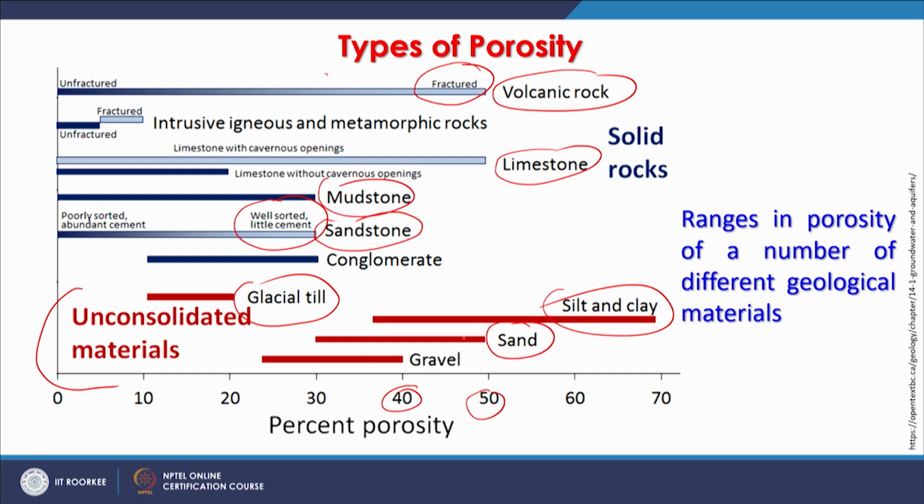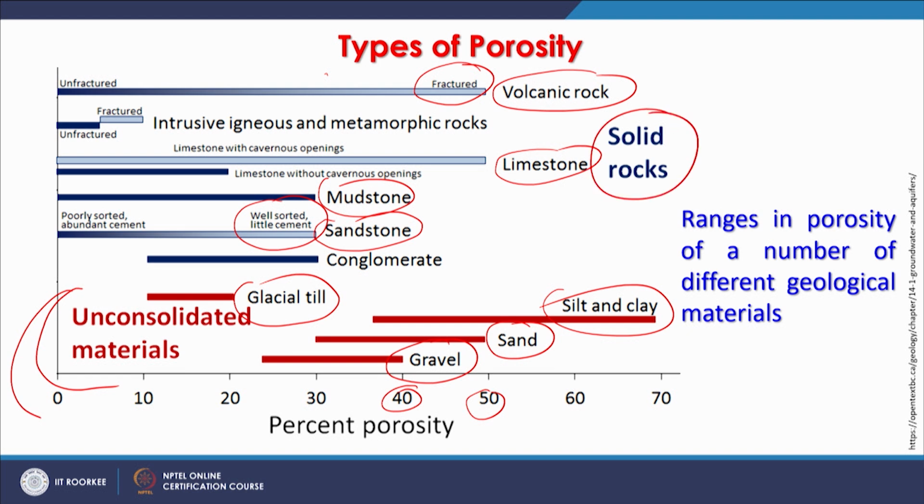In case of sand, the porosity may be less, but sand will allow water to move faster from one end to another. That means the transmissivity is going to be high, whereas gravel again may have less porosity, but it is better than even loose sand. So, these are the unconsolidated materials, and these are the solid rock examples in blue color.